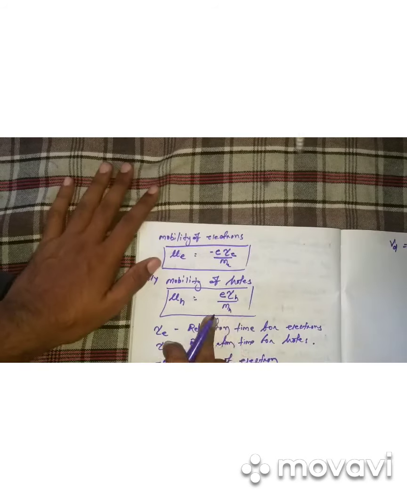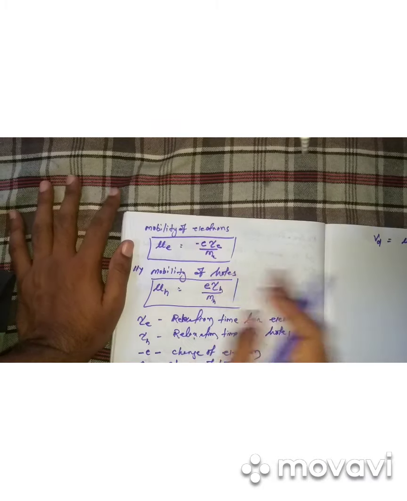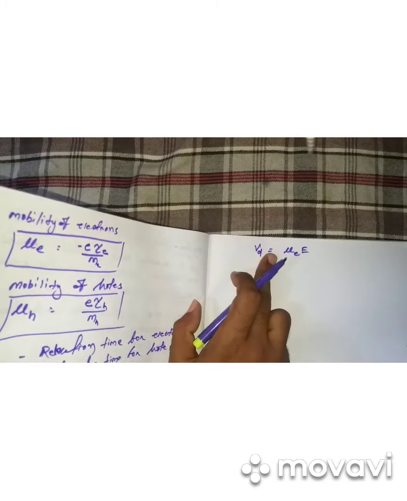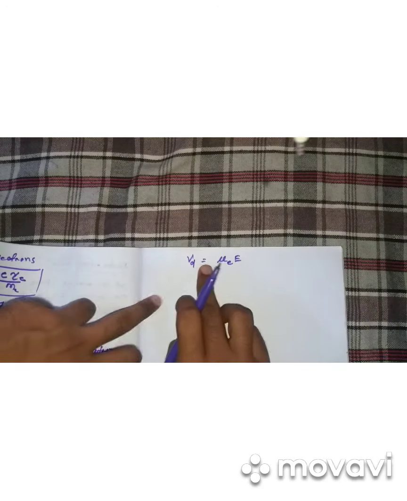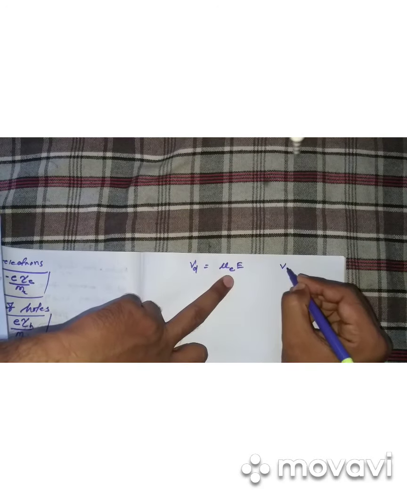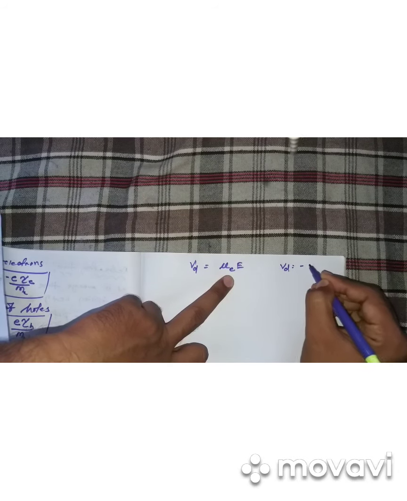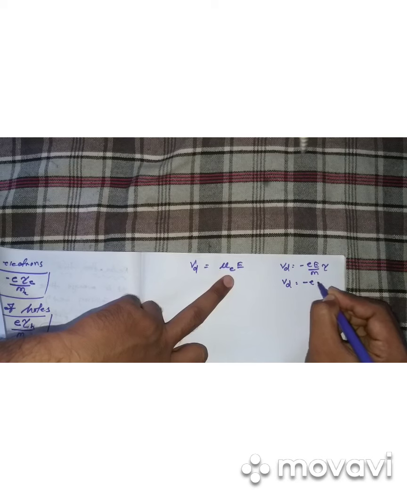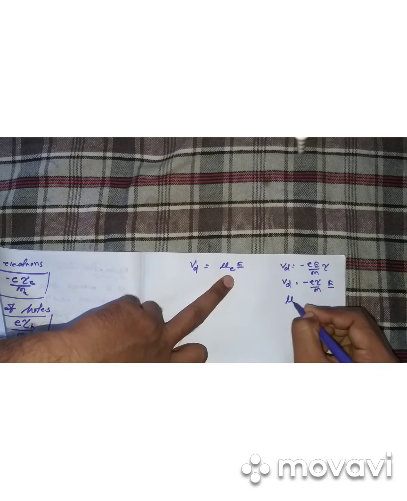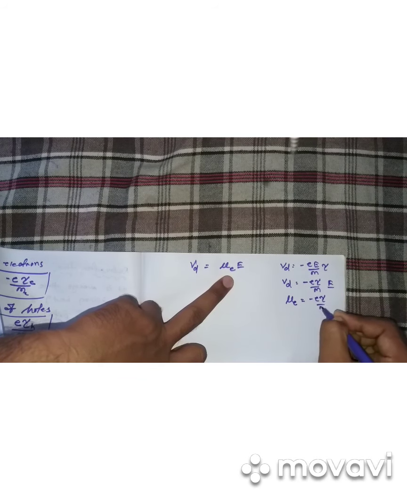That means here drift velocity of electron is equal to mu e into E. That means you know how it will be possible, because Vd equal to what? Minus e by m into tau is 0. There, so Vd equal to minus e tau by m into E. So mu e can be represented as minus e tau by m.